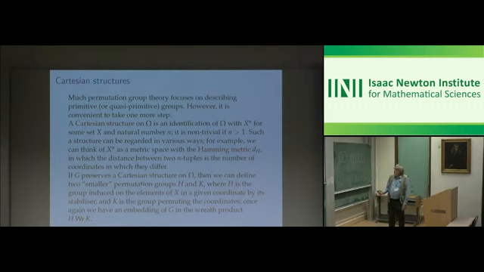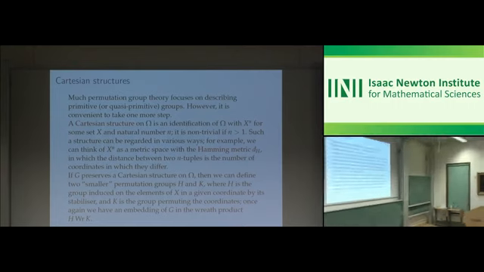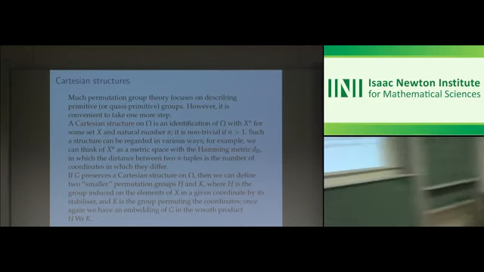So again, if G preserves a Cartesian structure, we can get two smaller permutation groups, H and K. H is the group, so this time we're not acting on a partition like this, we're acting on the set of words of length n. So you can look in a particular position and you can say, how are the letters occurring in that position permuted by the group? And you can also say, how are the coordinate positions being permuted by the group?